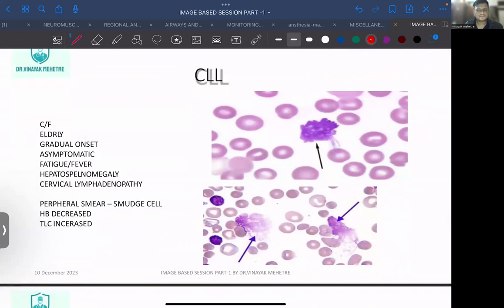CLL. In adults, that is where we will see it.